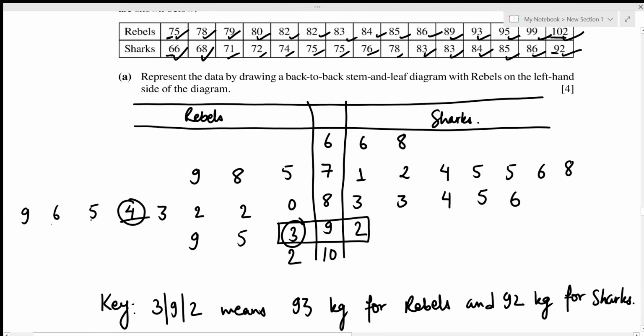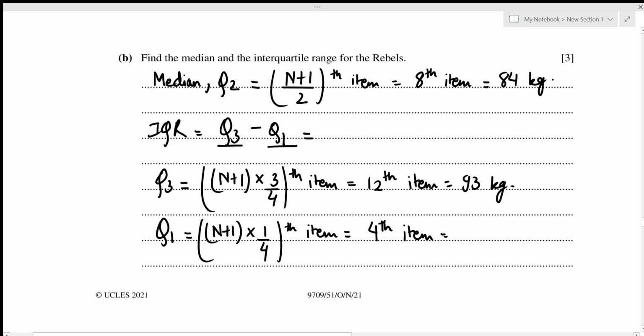That's just going to be right here. So this gives us the lower quartile of the rebels at 80 kg. Now, to figure out the interquartile range, we substitute these values. The upper quartile is 93 and the lower quartile is 80, which gives us the interquartile range of 13 kg.